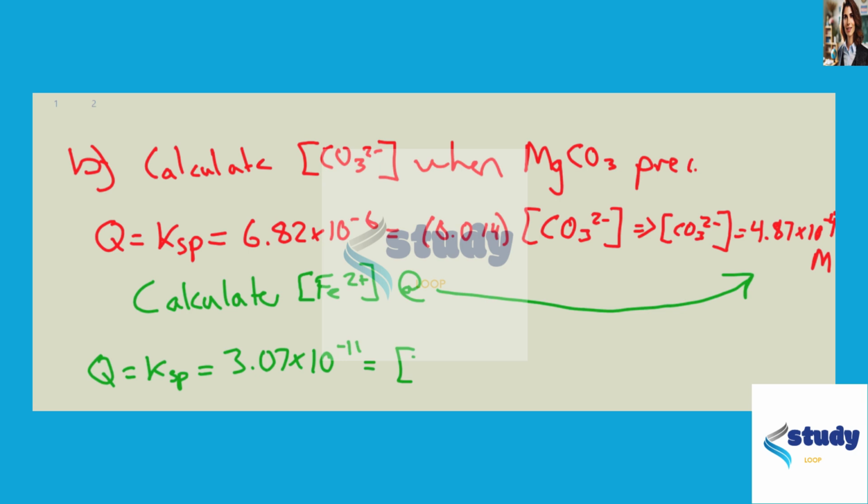And now we're solving this time for iron concentration times what we solved for here, which is 4.87 times 10 to the minus 4. And then we solve for iron by dividing both sides by 4.87 times 10 to the minus 4. And that's equal to 6.30 times 10 to the minus 8.